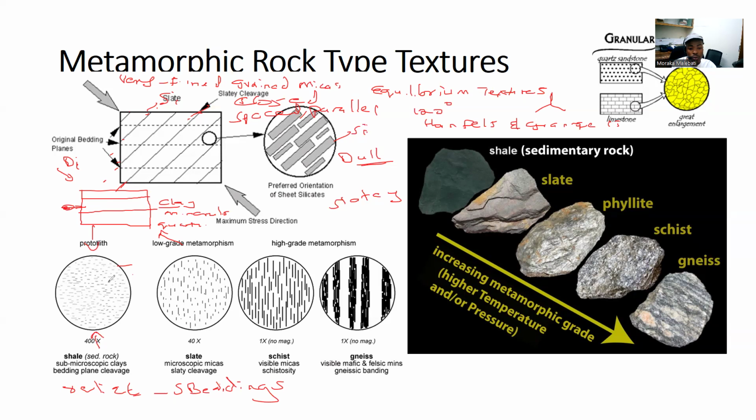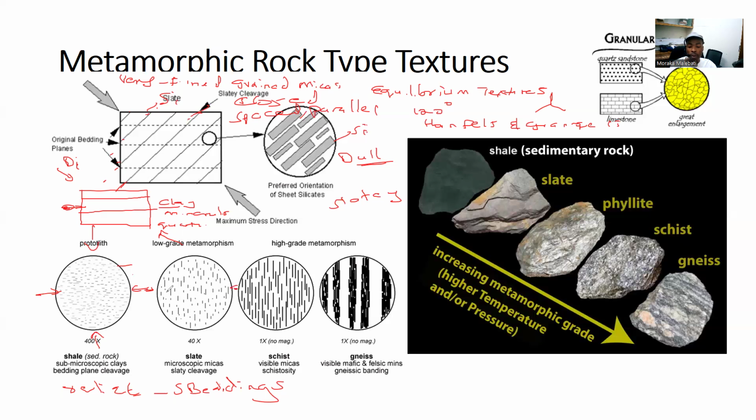No, no, no, these are the sedimentary beddings. So the pressure was basically coming from this direction, which is why these microscopic micas are aligned north to south, perpendicular to the principal stress. Can you now see? They are perpendicular to the principal stress, and you cannot see them with your naked eyes.